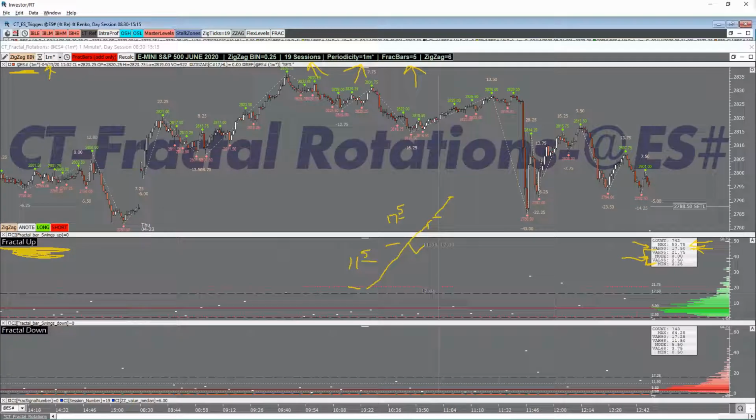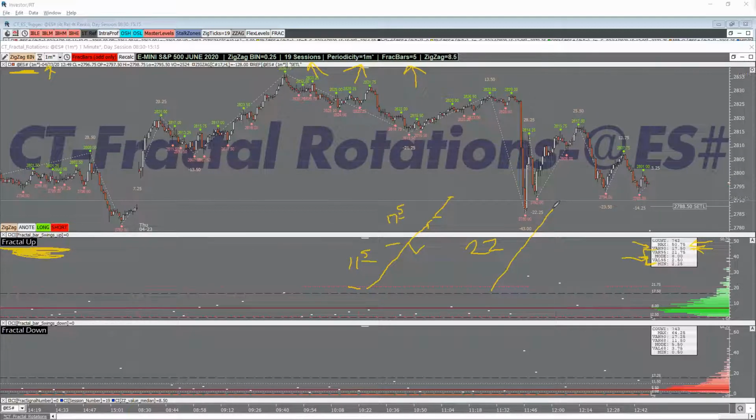95.45%. What this is saying is if you're involved in a move that goes about 22 points, there is somewhere around a 4% or so probability that it's likely to stretch even further without pulling back, without creating a new rotation.